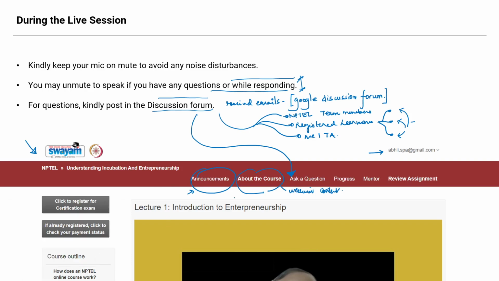And then you have the progress section. The progress bar is basically about how you are performing, how you are progressing. It includes both aspects of the course: how much course content you have gone through, and the second aspect, the marks.